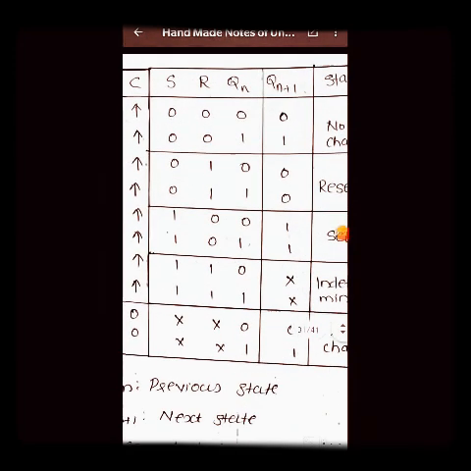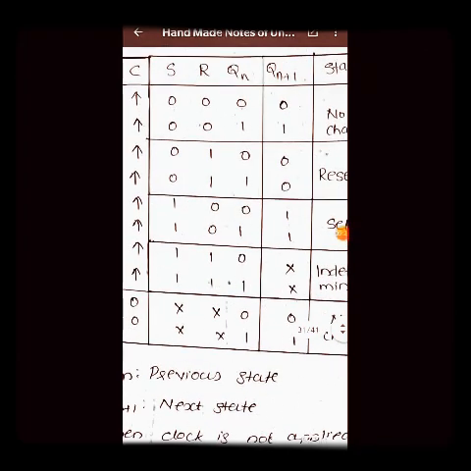So we need to take 0 for S, and a cross for R, which means we don't know this value.